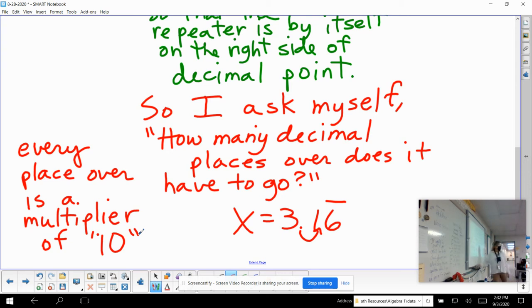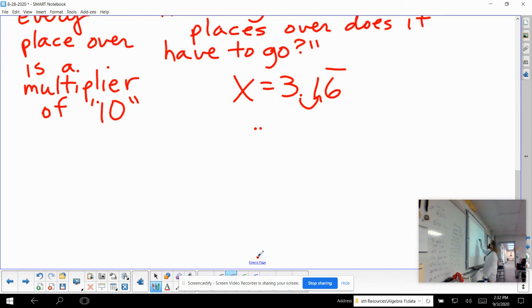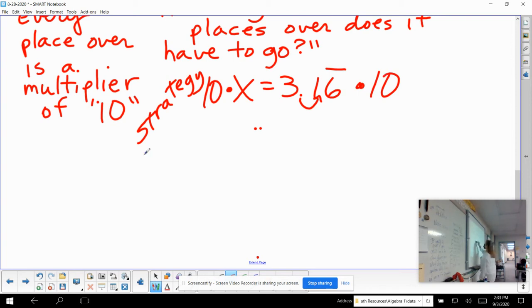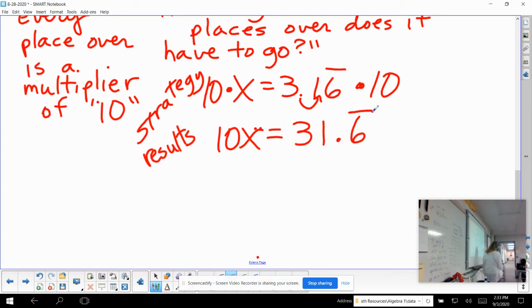So the next thing I'm going to do is make sure you have everything I've written. So here's our strategy. Ten times x, 10 times 3.16 repeating, and here's our results. 10x equals 31.6 repeating.